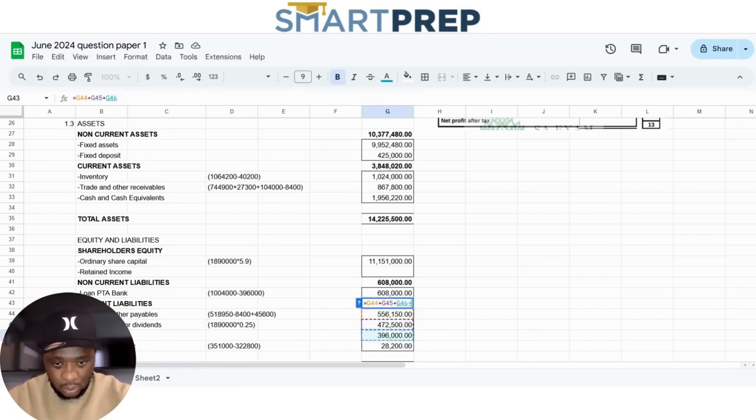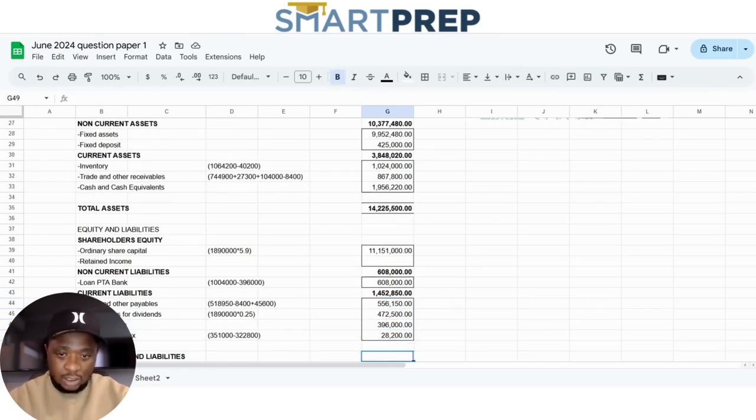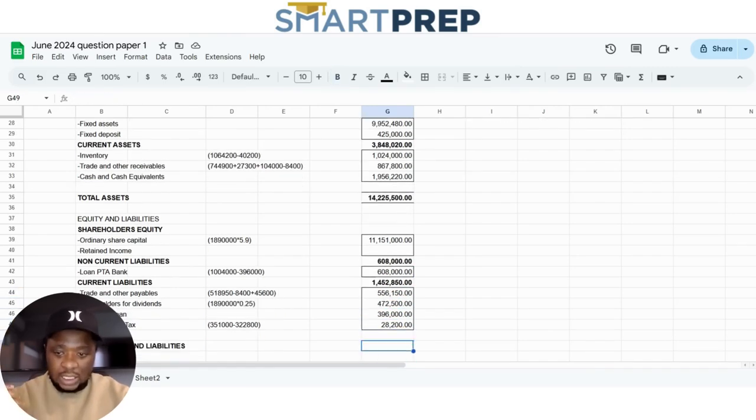So if we add up all our current liabilities, we then would get 1,452,850. Okay, and so what we then need to do is find a way to get a balancing figure, because remember that assets are equal to equity plus liabilities. So we have our total assets.